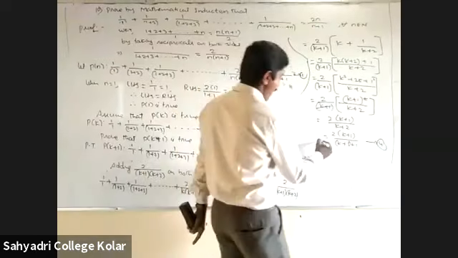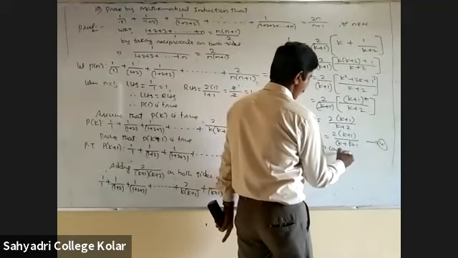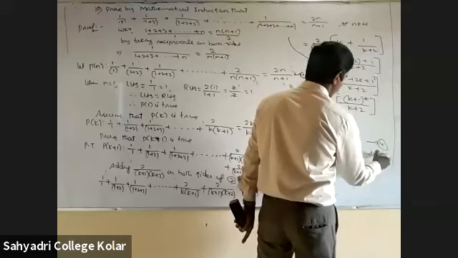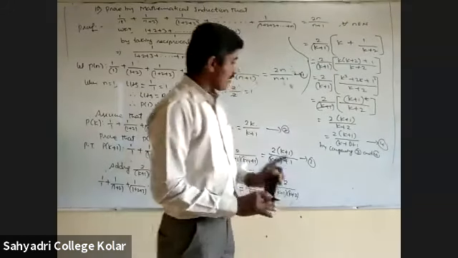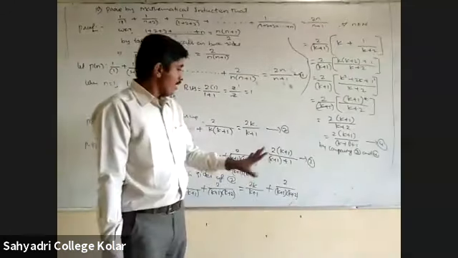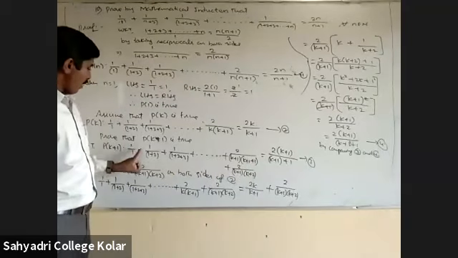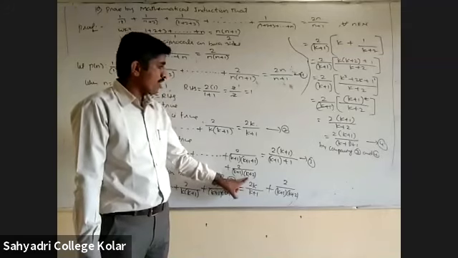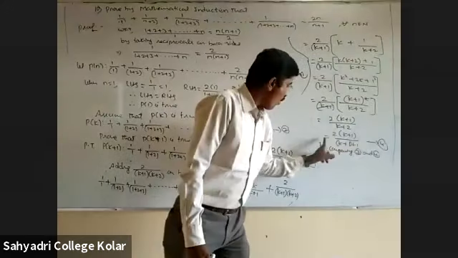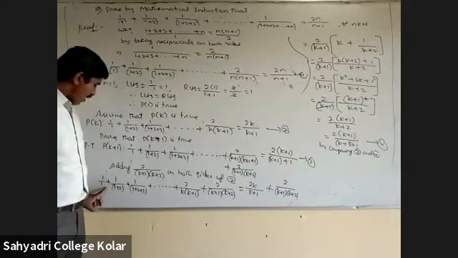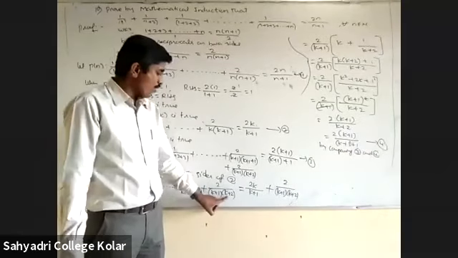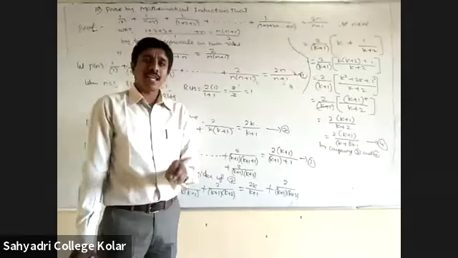Now by comparing equations 3 and 4. Equation 3 LHS: 1 by 1 plus 1 by (1 plus 2) plus so on, 2 by (k plus 1) into (k plus 2). Equation 4 LHS: the same. Both LHS are same.